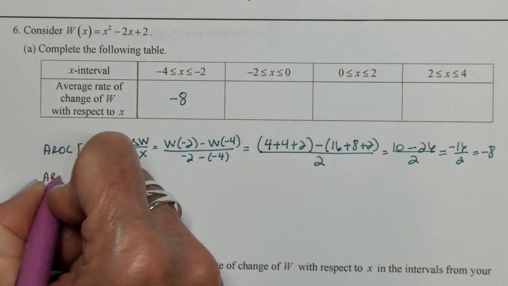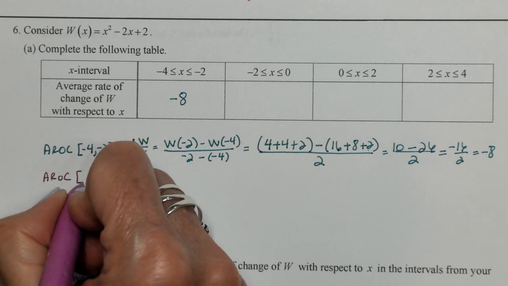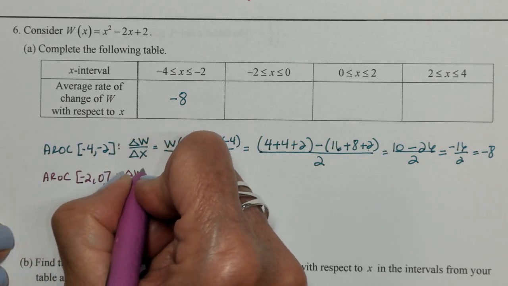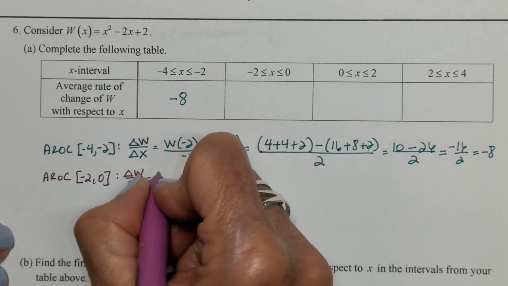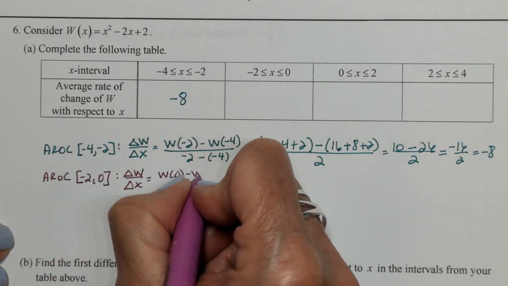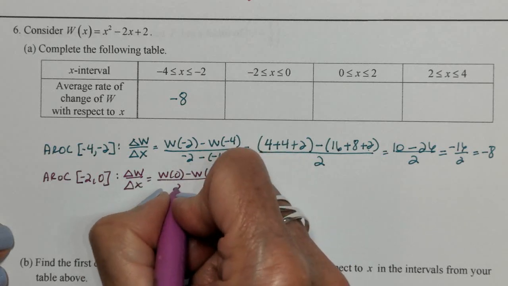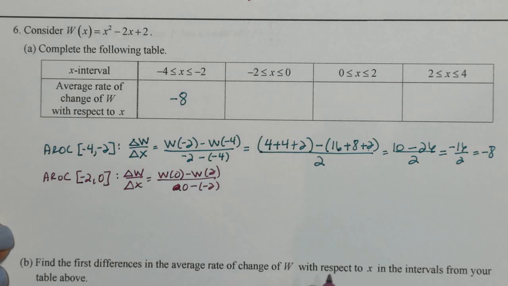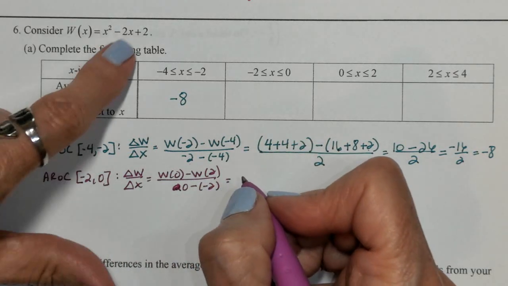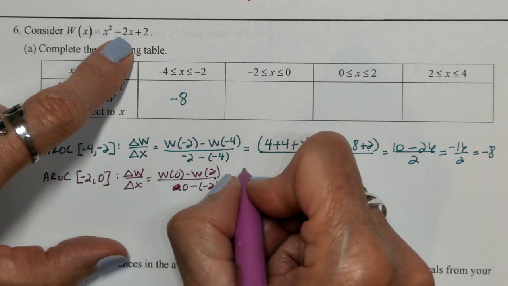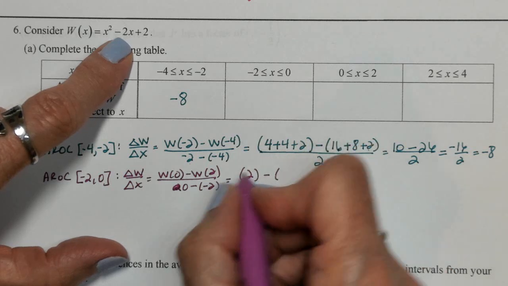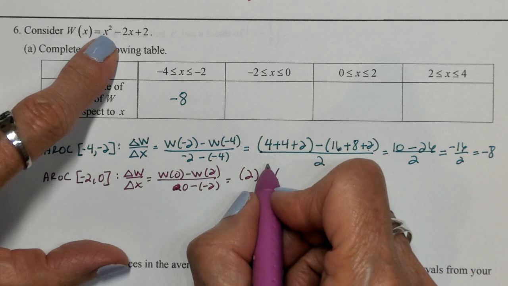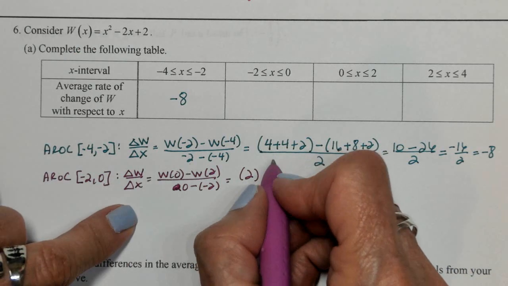Let's find AROC, average rate of change, from -2 to 0. So that's change in W over change in X, W at 0 minus W at -2 over 0 minus -2. Okay, W of 0 is just 2. W at -2, I'm sorry, this should be a -2.